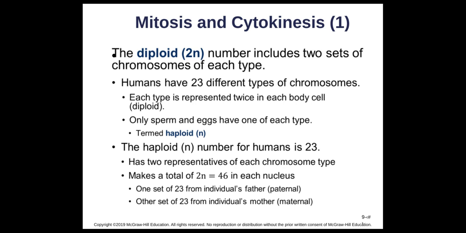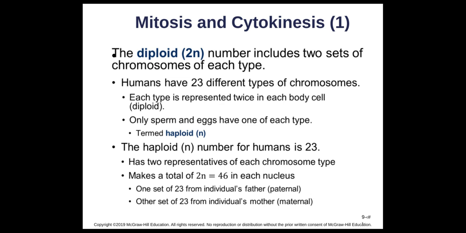When we compact this DNA, we can count the number of chromosomes, and we can see if there is a diploid or a haploid number.